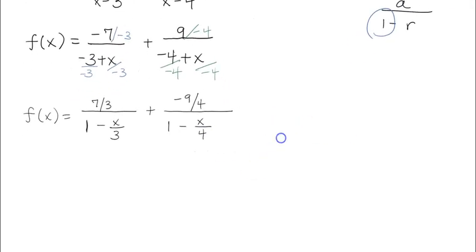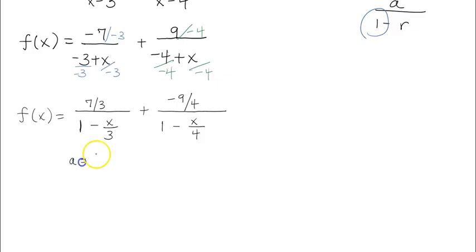And now we should be able to see what a is for the first sum and what r is for the first sum. Notice I don't have to change signs on r because I do truly have this 1 minus right here. And then in the second term, I can see that a is a negative 9/4 and that r is an x over 4. So I now should be able to write these two rational functions as two power series.